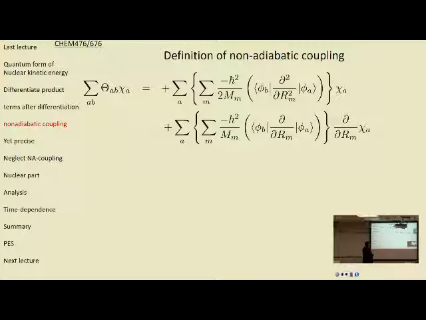Okay, so here is what we are getting from the first term when we plug the superposition of electronic states into the total molecular Schrödinger equation. We are getting pure kinetic energy, and we get two exotic terms that we want to drop.